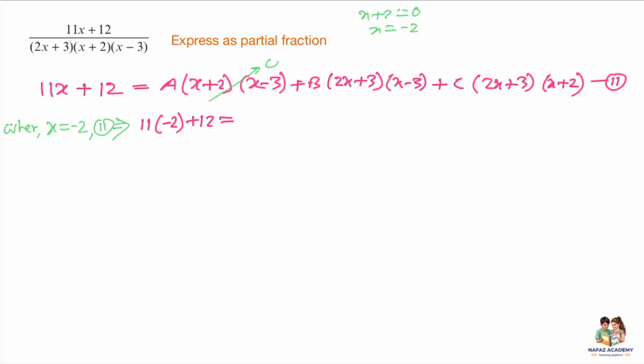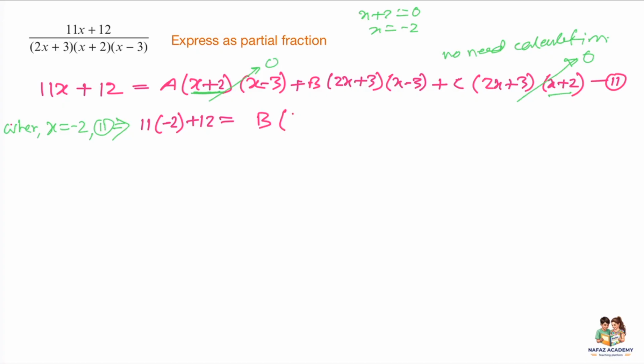These two parts will be 0. So now you do not show the total calculation. Just put the 0 over here, 0 and 0.